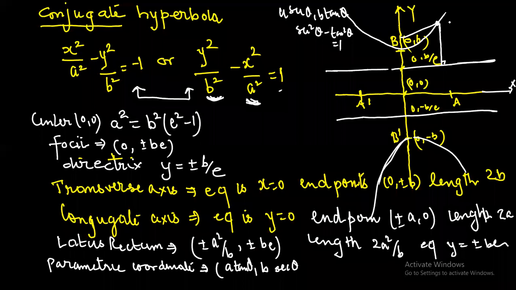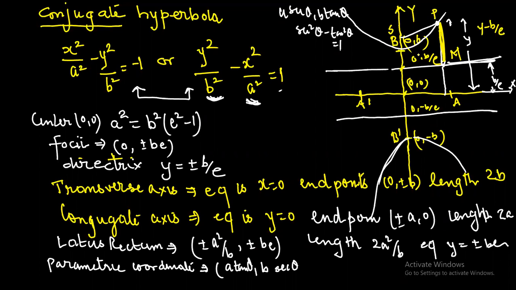So if we draw a perpendicular from here to the origin, this length is y, and this distance is b by e. So what is the distance from the directrix? This distance becomes y minus b by e. This is P, this is S, and this is M.